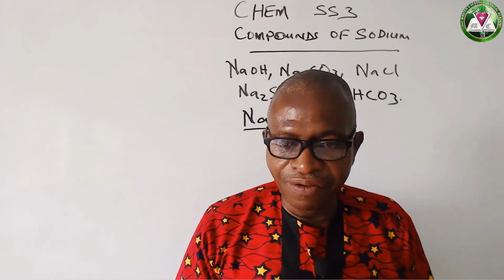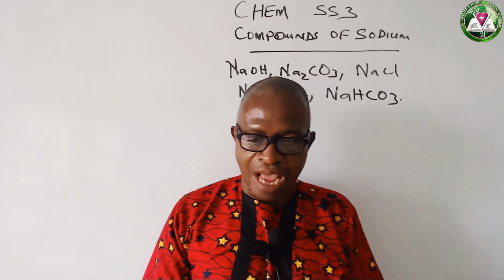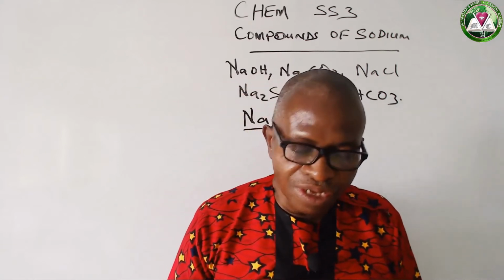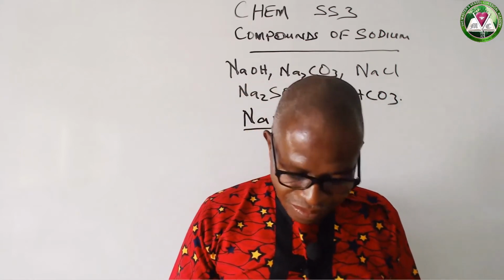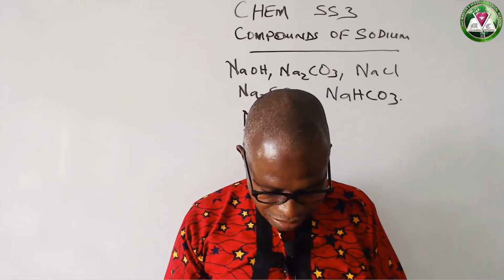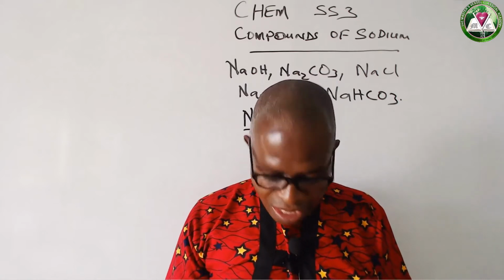Being a heavy chemical, you know what it implies. It implies that it is produced in large quantity and also used extensively in large quantity. I've explained to you what a heavy chemical is.